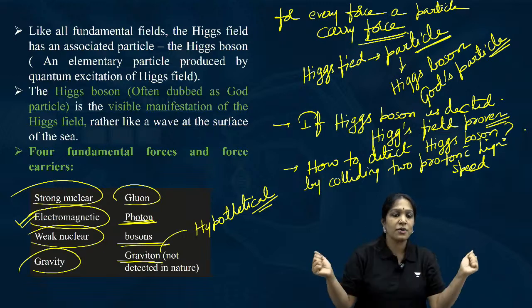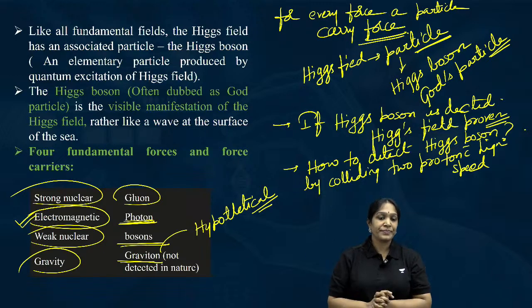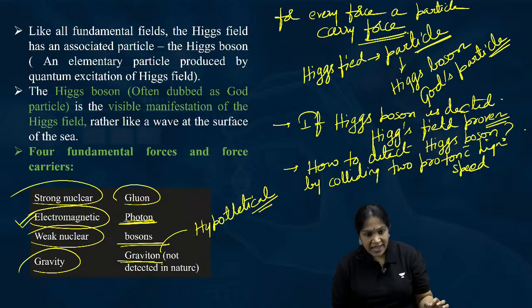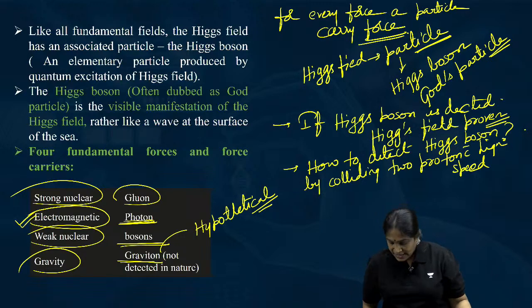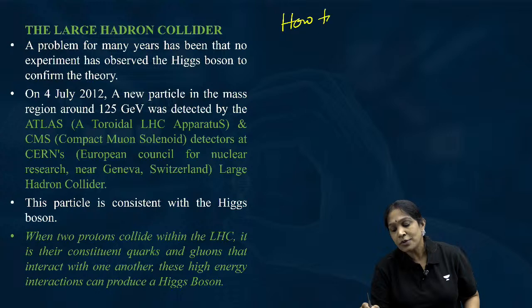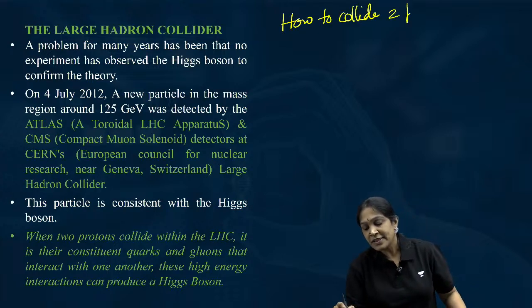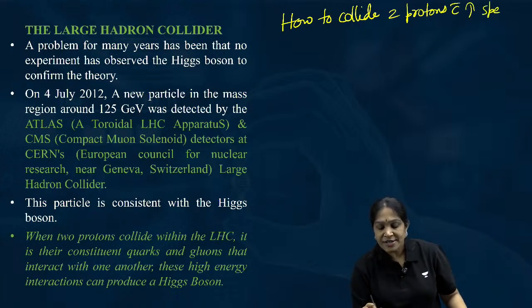If two protons collide with high speed, the Higgs boson will be generated. Is it clear? Then comes the next question. How to collide two protons with high speed? For that we have the Large Hadron Collider.